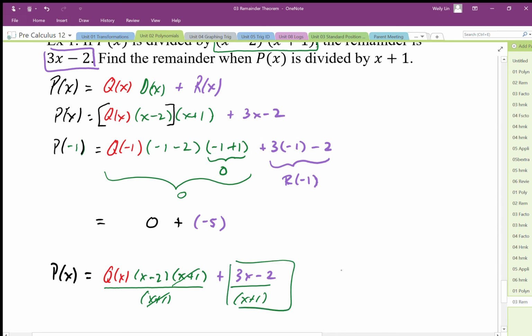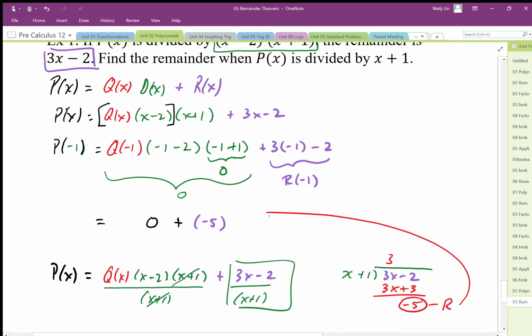So when I actually do the division, x plus 1 into my 3x minus 2, I end up with my 3. So I get 3x plus 3. I do my long division. Negative 2 minus 3 is negative 5. There's my remainder of negative 5, like I figured out in the previous problem.